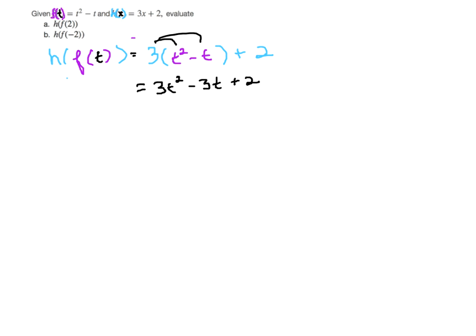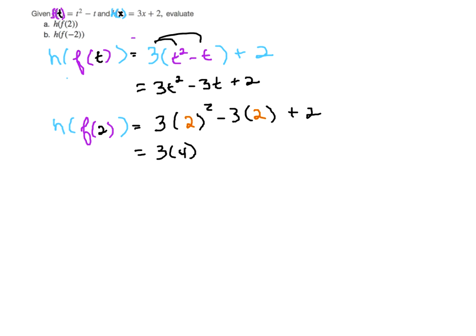Now watch this. Hopefully this turns a light on if you're still a little bit confused about what's actually happening here. So if I want to do h of f of 2, I already know what my composed function is. Something squared minus 3 times something plus 2. In this case, I'm being asked to plug 2 into the composed function.